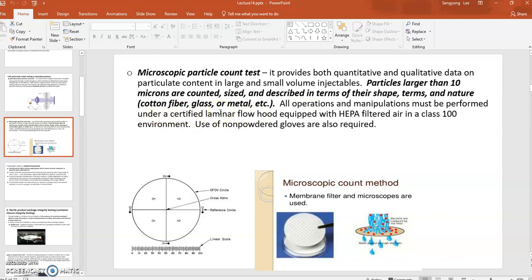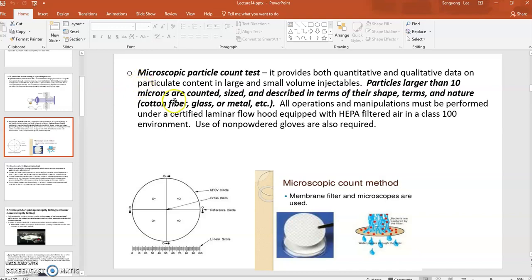Because particles should not come from the observer or operator, and then the microscope operation itself. So you have to do it in a very clean environment, like a biosafety hood that provides a class 100 environment. Use of non-powdered gloves is absolutely required, because you don't want to generate particles through your gloves. So that's another method.